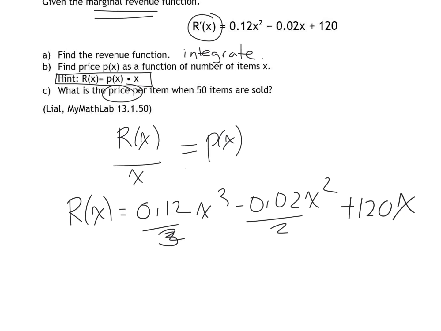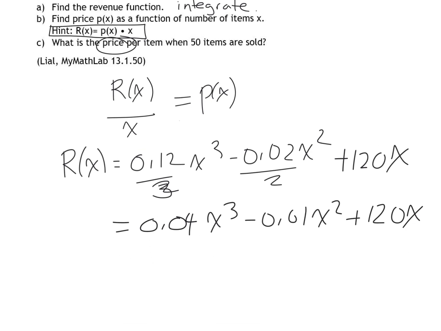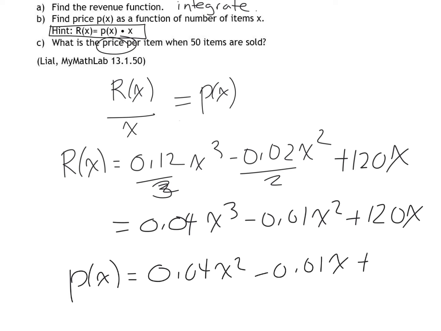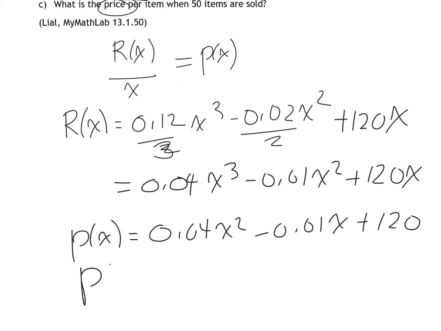And whatever that would be, so 0.04, I think, x cubed minus 0.01x squared plus 120x. Then we divide by x, right? 0.04x squared minus 0.01x plus 120. That's going to be that price demand function. And then you would solve for 50. So when the price is 50, right, what's the demand?